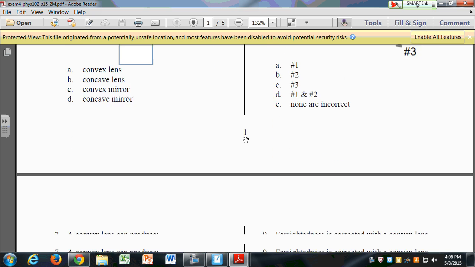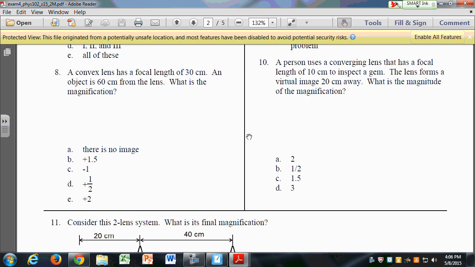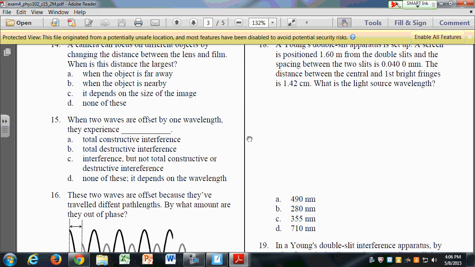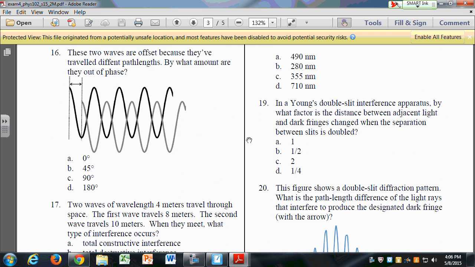What else on this test? Okay, you have to look at two different things here. For double slit interference, first, d sine theta equals m lambda. And then y, is it not?